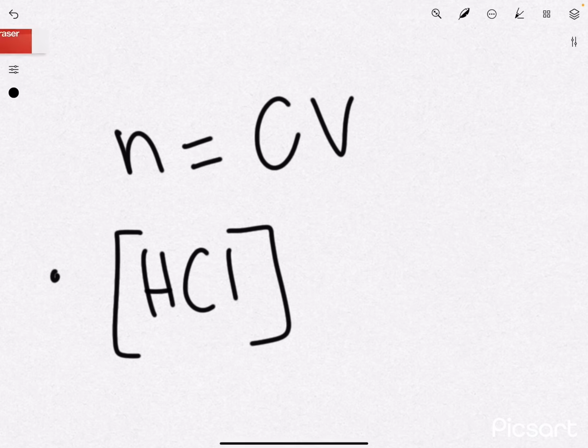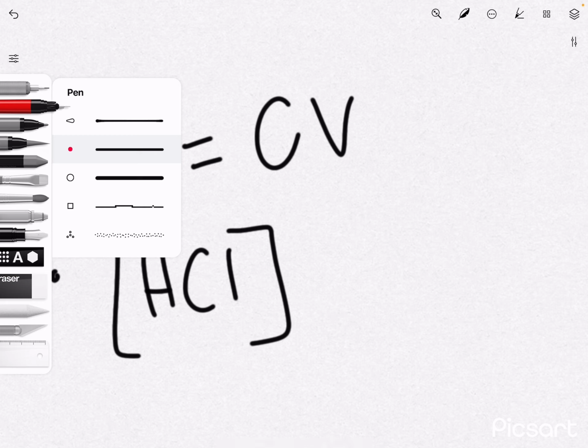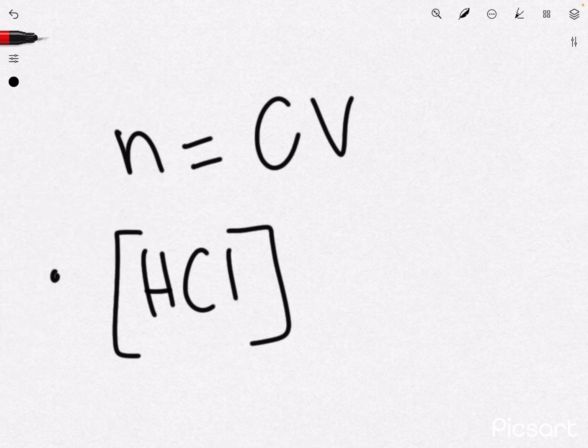So if you were to write the concentration of, say, HCl, and you had 1 molar of it, you would do [HCl] equals 1 M, which tells us exactly that there's 1 molar of HCl.